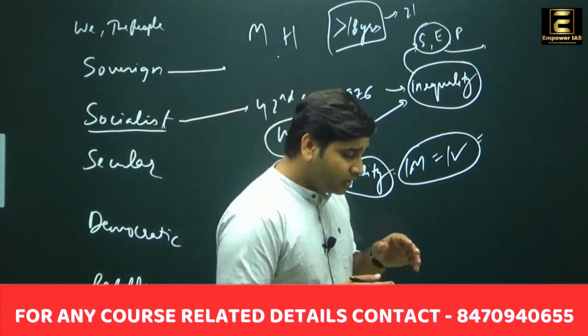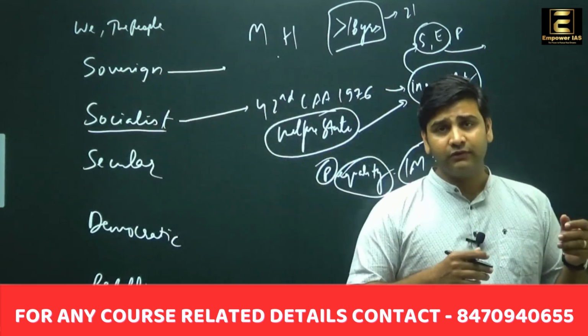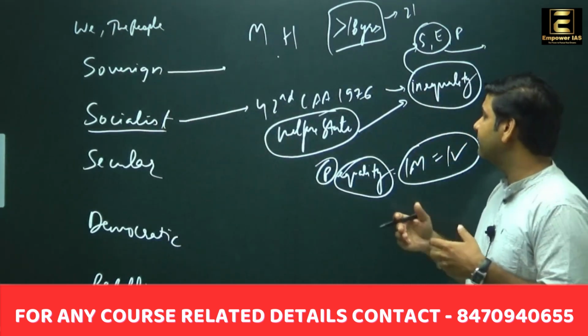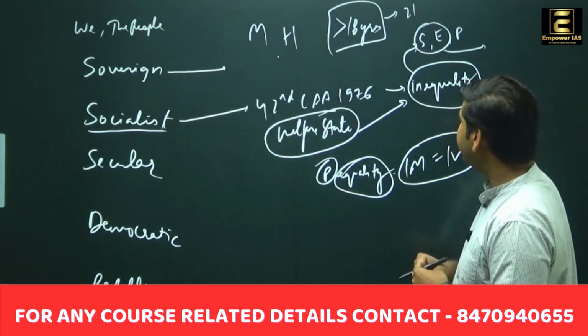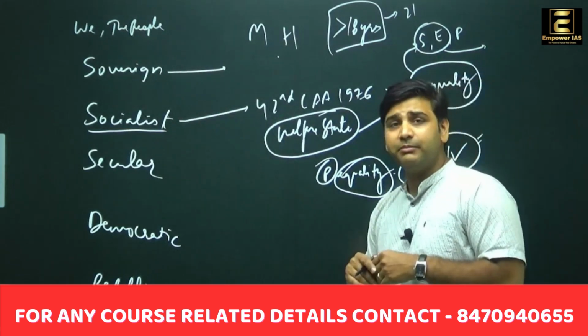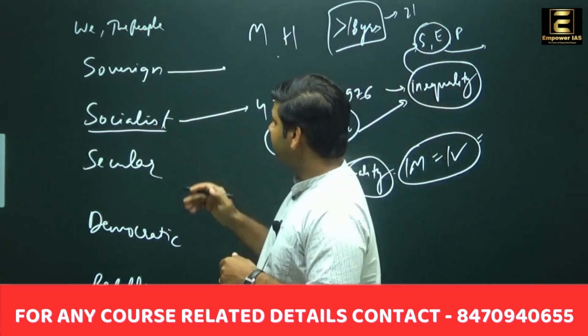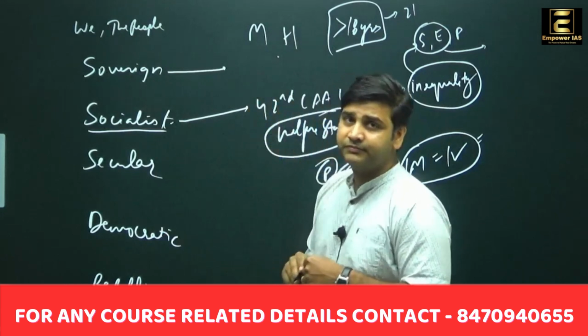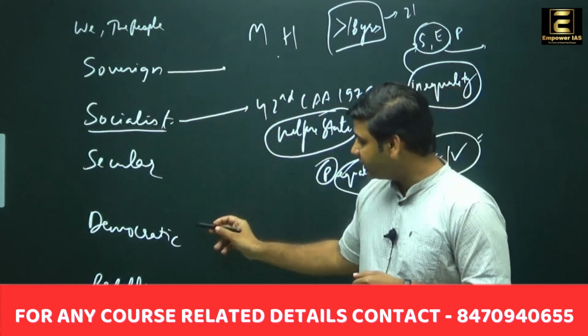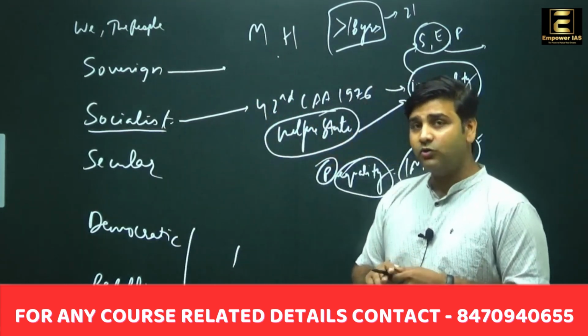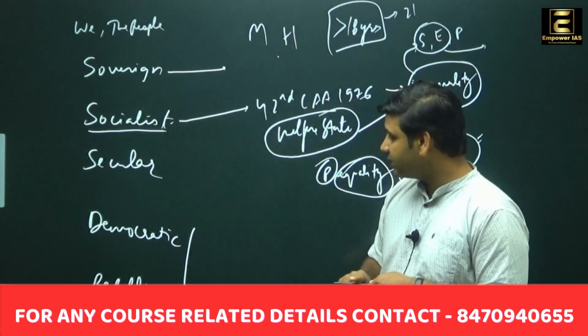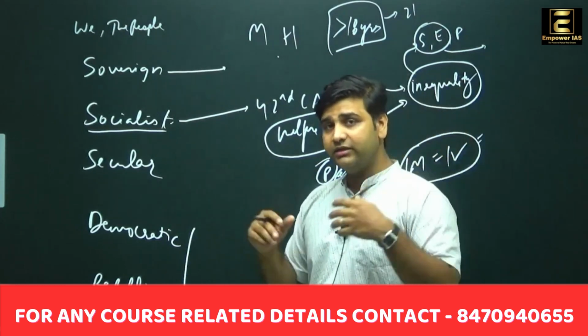So to figure out a solution for this inequality, several provisions have been made in the constitution, and this is reflected in the preamble through the word socialist, and also through the words democratic and republic. We'll come to these words, and how the words democratic and republic abolish inequality within the country.